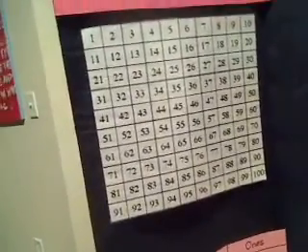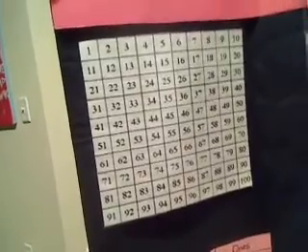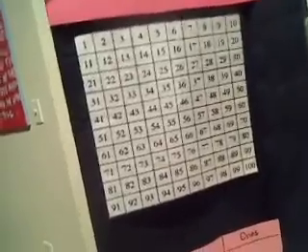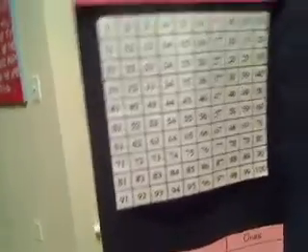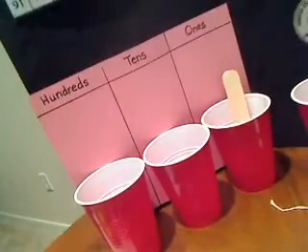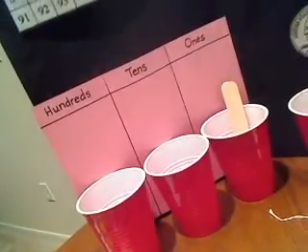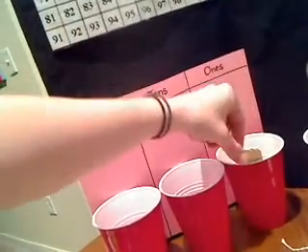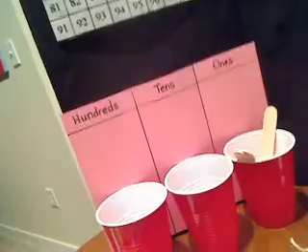Here we have the hundreds chart, and we will be counting by 2s and 5s, and also talking about odd and even numbers. Down here we have place value, hundreds, tens, and ones, and a student will place a popsicle stick in the cup for each day that they are in school.